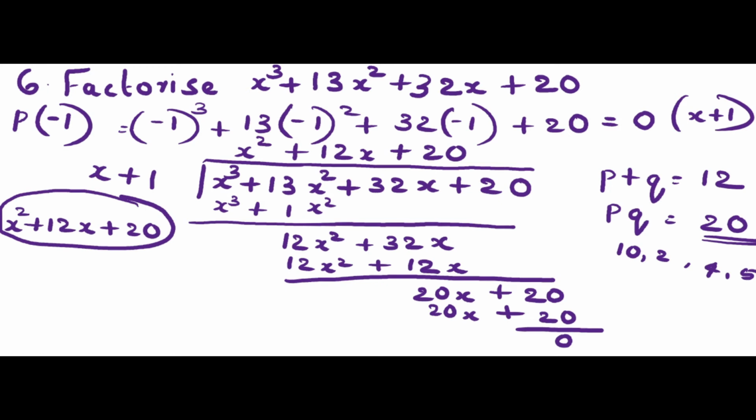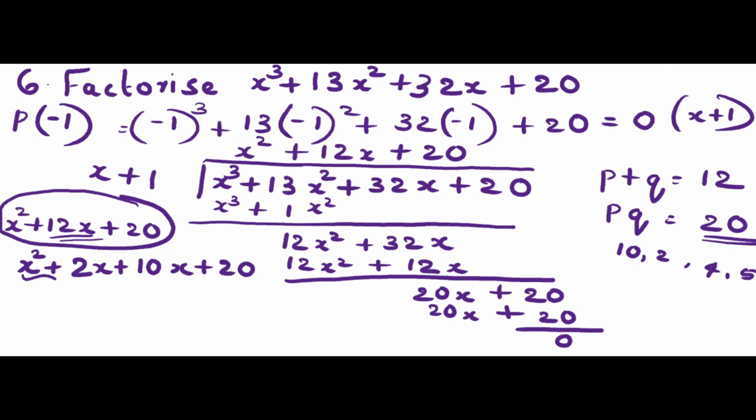So you can rewrite this as x square plus 2x plus 10x plus 20. This 12x I am splitting as 2x plus 10x. So x square plus 2x plus 10x plus 20.